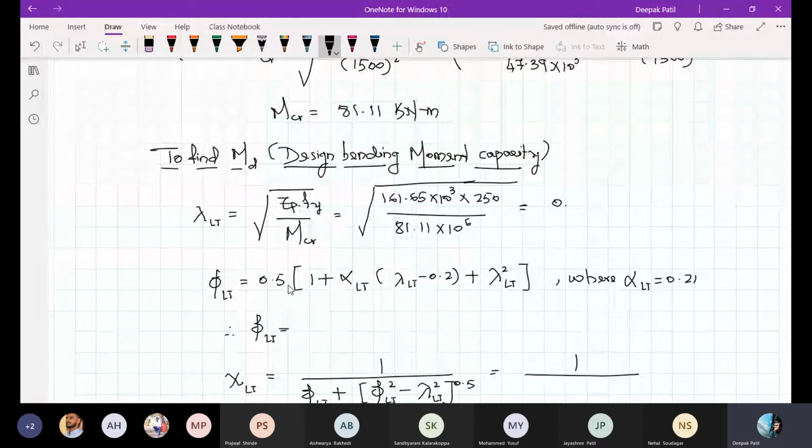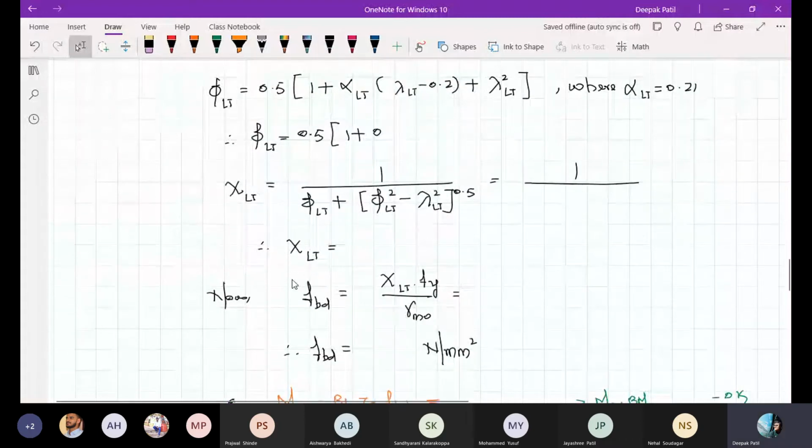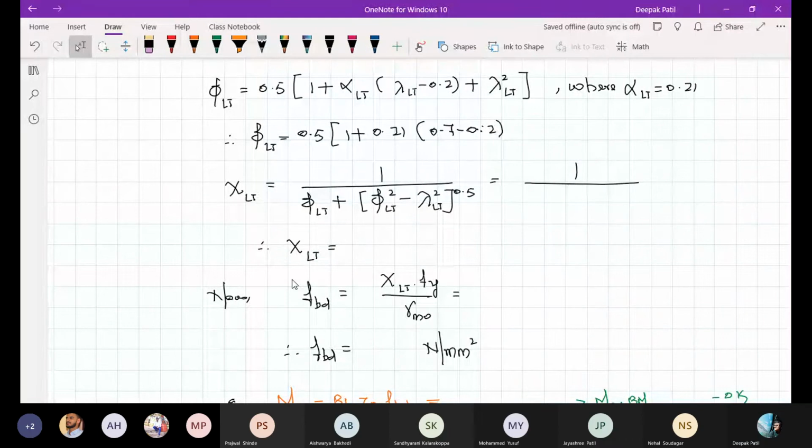Lambda LT is coming out to be 0.7 and phi LT is 0.5 times 1 plus alpha LT, 0.21, times lambda LT, 0.7, which I just calculated, minus 0.2, plus lambda LT square, that is 0.7 square. I'm getting phi LT as 0.7975.